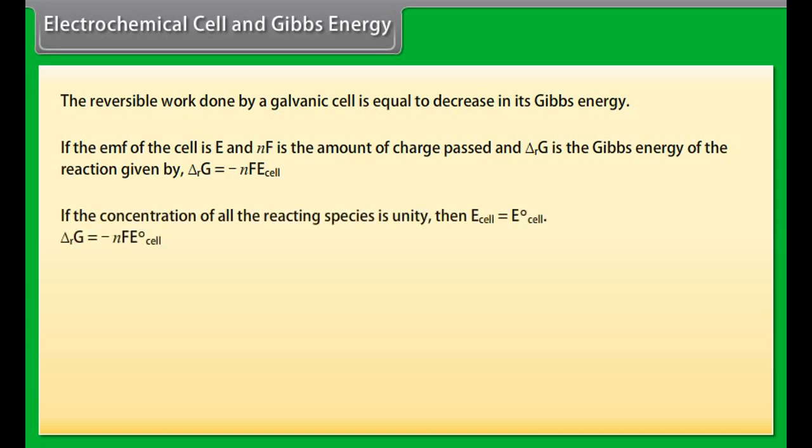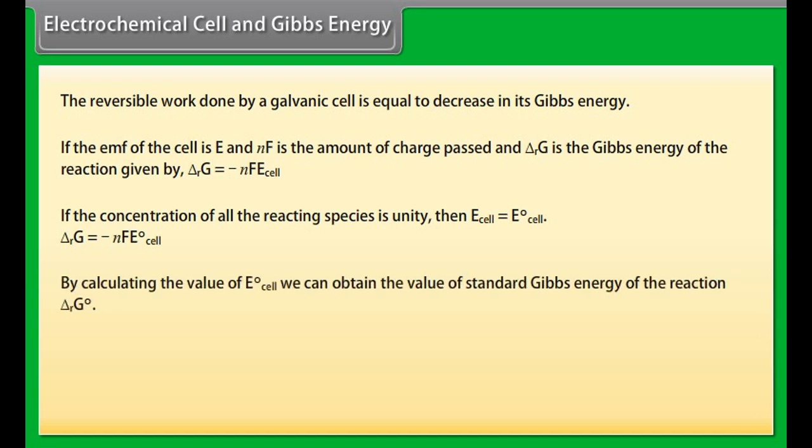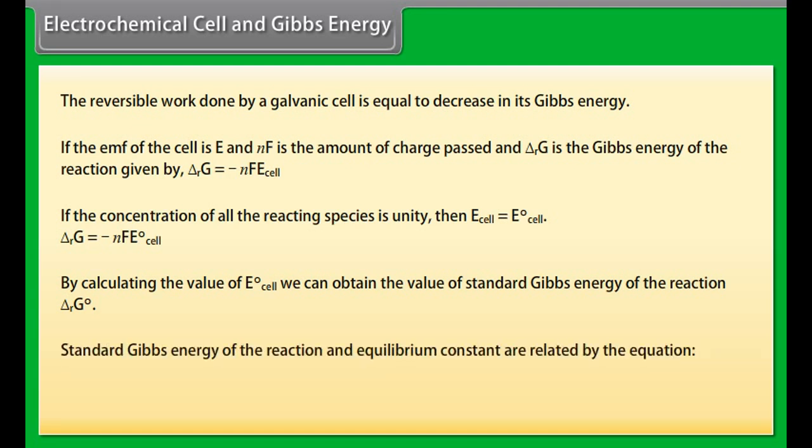If the concentration of all the reacting species is unity, then E cell is equal to E°cell. ΔrG° is equal to minus nF E°cell. By calculating the value of E°cell, we can obtain the value of the standard Gibbs energy of the reaction, ΔrG°. The standard Gibbs energy of the reaction and the equilibrium constant are related by the equation ΔrG° is equal to minus RT ln K.